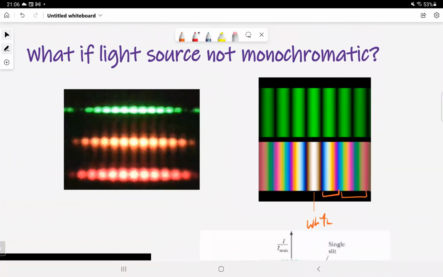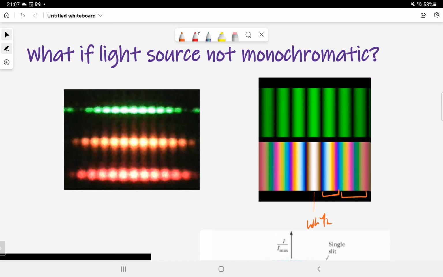The largest wavelength of light and the smallest wavelength of light differ by almost 2 times. That means 2 times the smallest wavelength is equal to 1 times the largest wavelength. So where you have the first order longest wavelength, you will have at the same position the second order shortest wavelength.